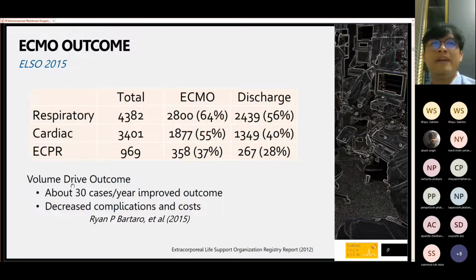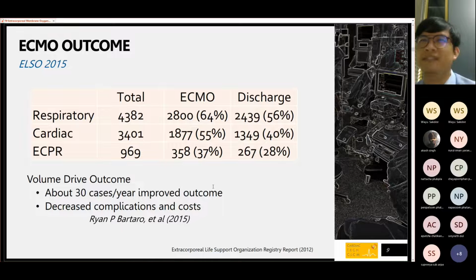Volume drives outcome: about 30 cases a year improves the outcome. Just a few centers in Thailand do that, like 30 cases a year. From my experience, when I was a full-time perfusionist, I did a maximum of less than 10 cases a year.